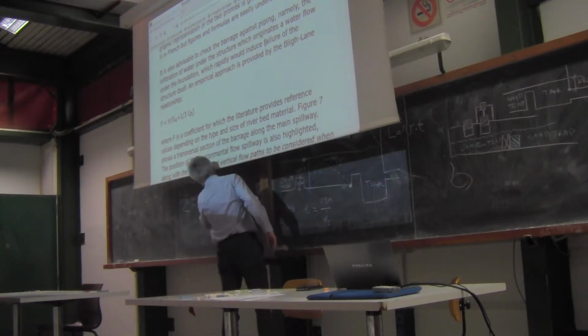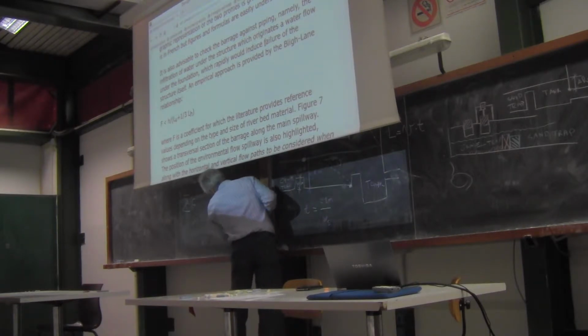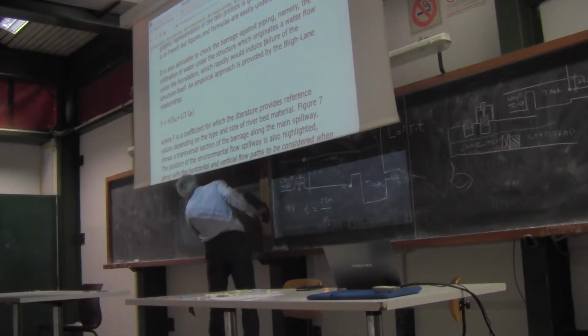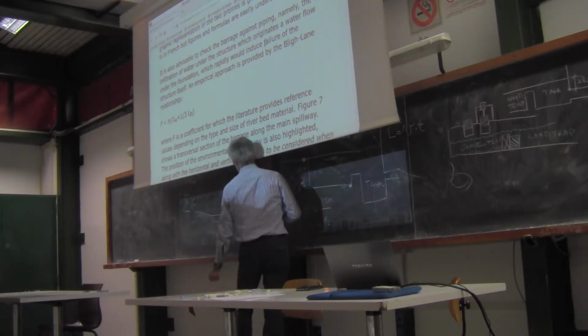So you have your barrage, which if you look at a transversal section is something like this, and then there is some foundation, and then there is the riverbed. Okay, perfect.